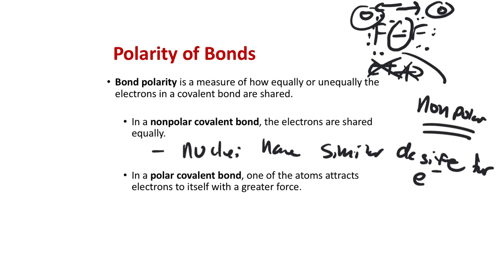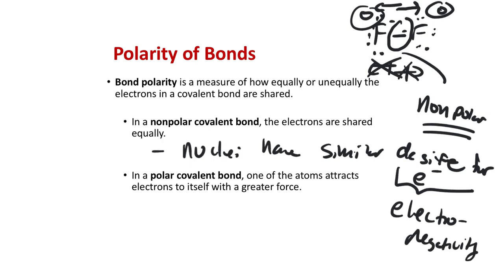This desire for electrons is called electronegativity. So if the two nuclei in a bond have similar electronegativities, then neither atom becomes polarized. Neither atom develops a different charge than the other.